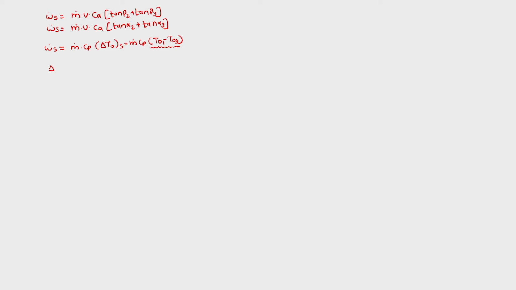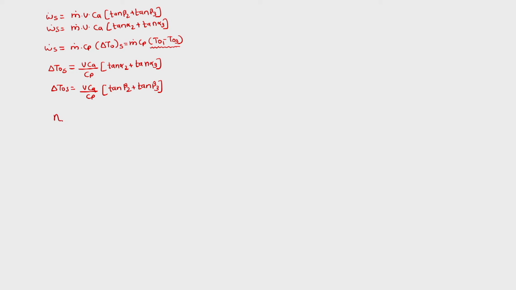So temperature drop in the stage is equal to U Ca upon Cp into tan of alpha 2 plus tan of alpha 3, or we can also write U Ca upon Cp into tan of beta 2 plus tan of beta 3. We can write either expression for the temperature drop in a stage.